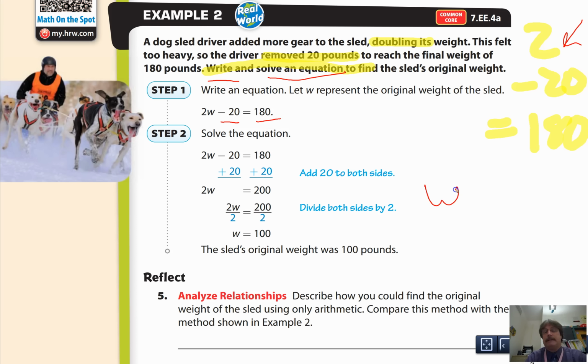So remember what I said before, write what you see. Okay, so doubled its weight, removed 20 pounds, total, reached the final weight, okay, final weight of 180. And you can see the steps that they go through, which is what we've already done.